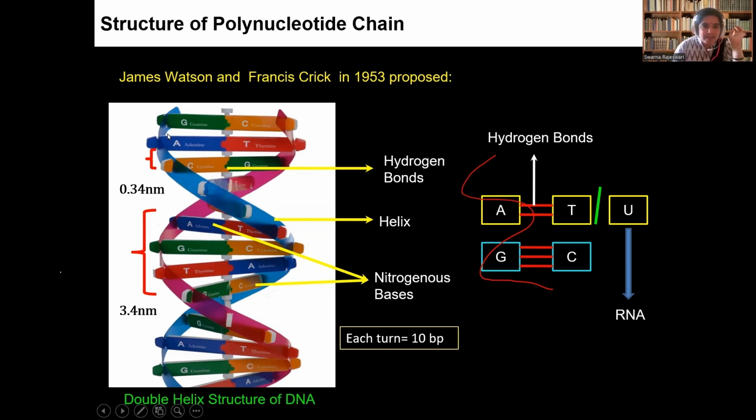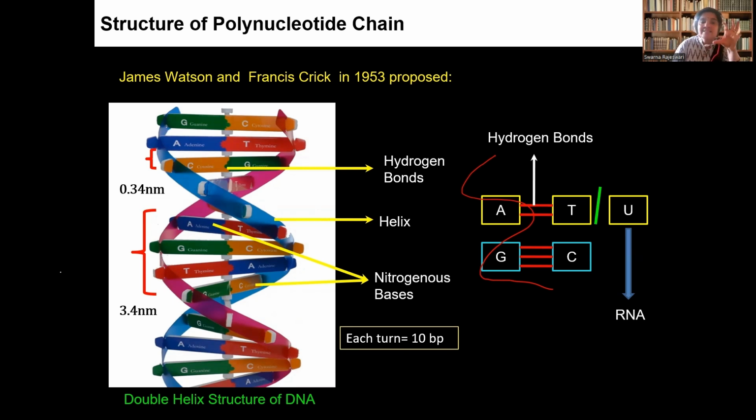So this is one helix. The pitch of the helix, that is one turn, is about 3.4 nm, and in one pitch there are about 10 bases. So the distance between two bases in the case of DNA is 0.34 nm, and the pitch of one helix is 3.4 nm.